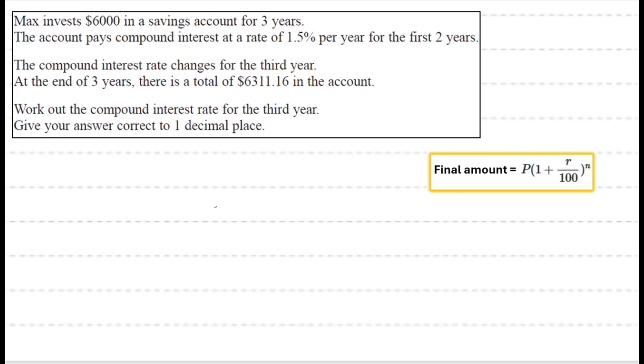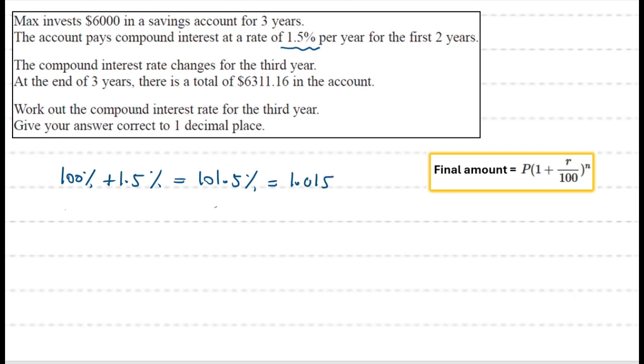We're going to start off at 100%. And since we are earning 1.5% interest, we add it on. That gives us 101.5%, which in decimal it becomes 1.015, which is our multiplier.